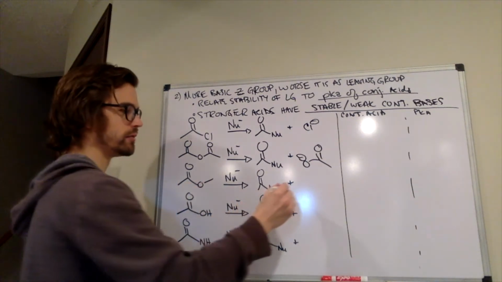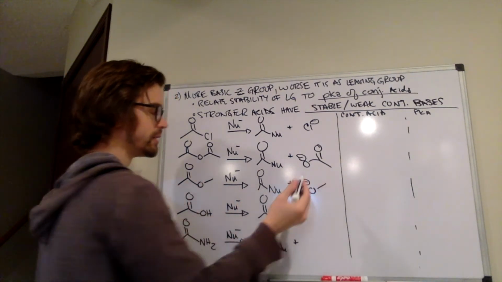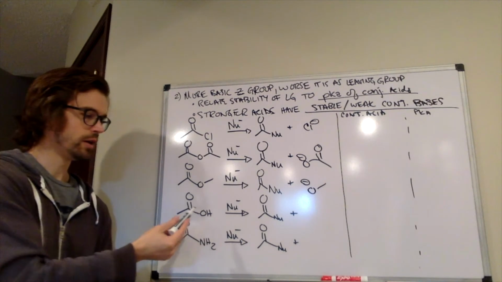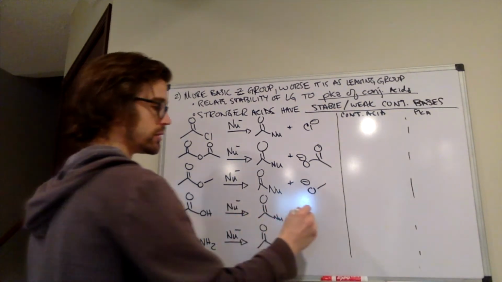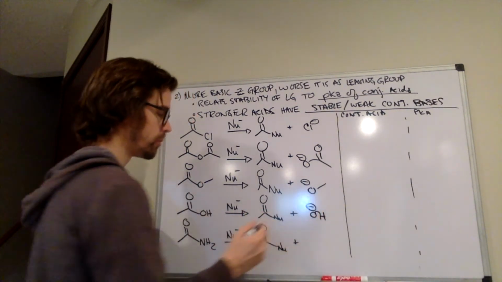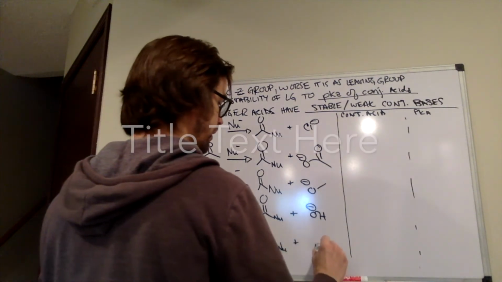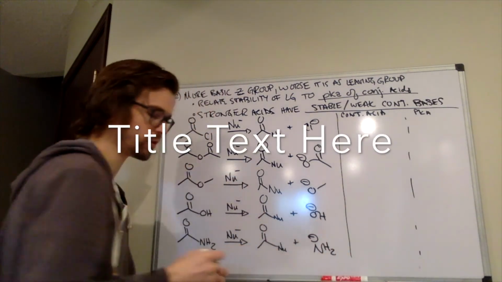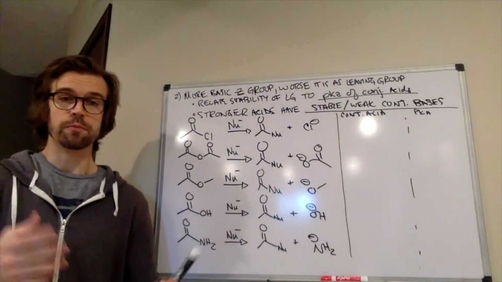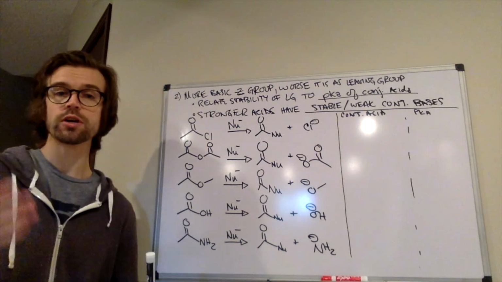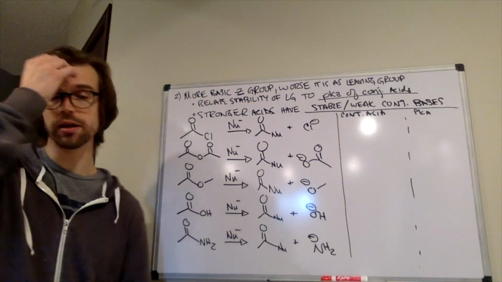The ester gives us OCH3- as the leaving group. The carboxylic acid gives us OH- as our leaving group, and the amide would give us NH2- as our leaving group. So the better the leaving group, the more reactive the species is going to be.